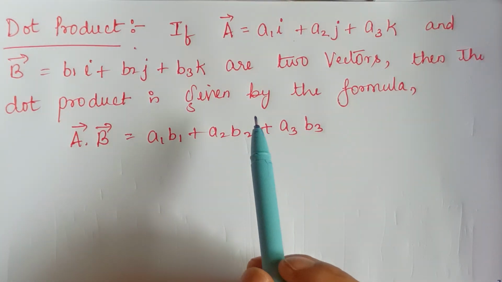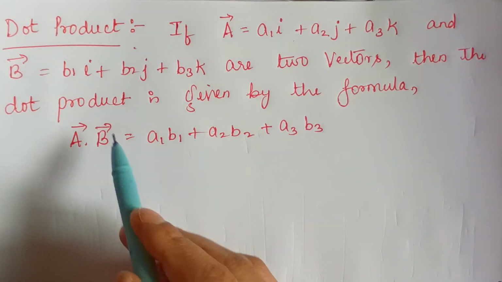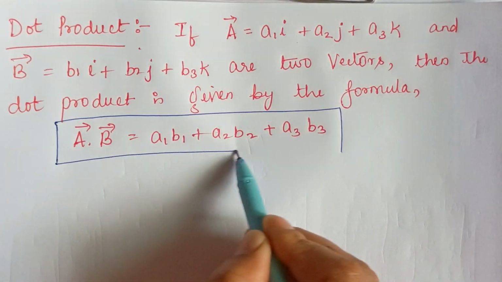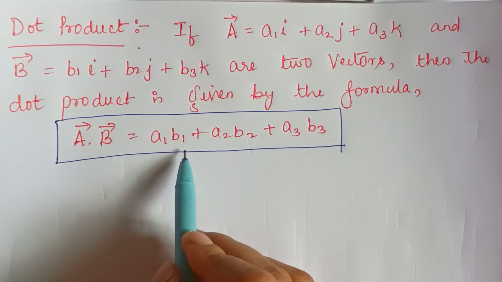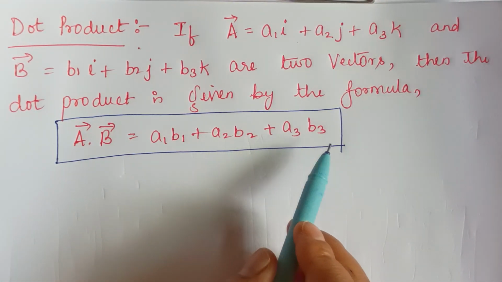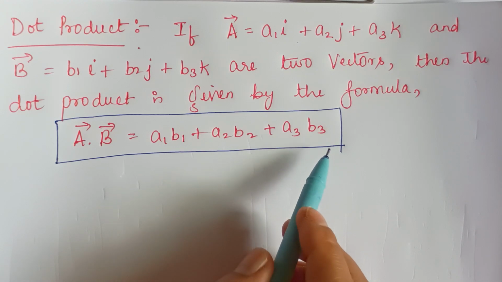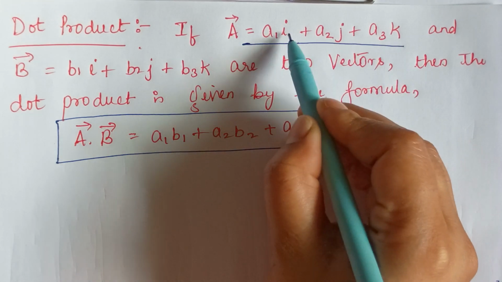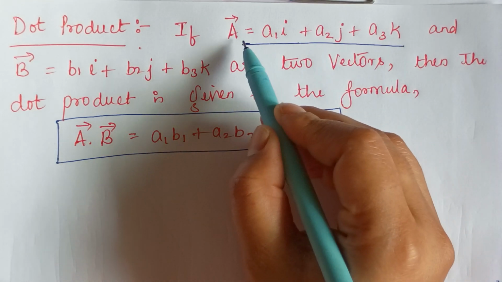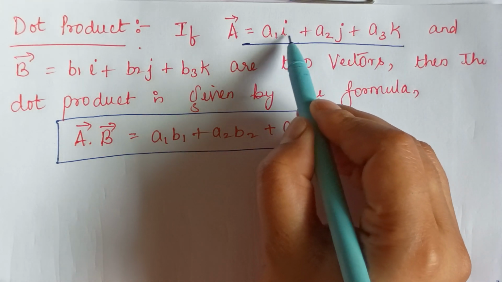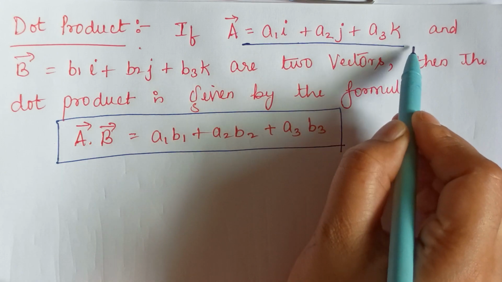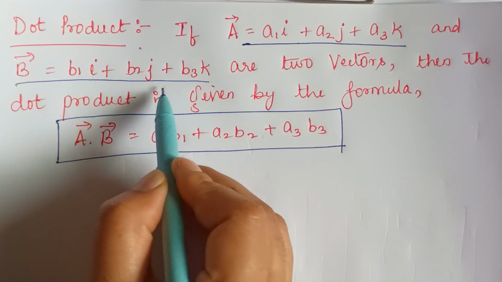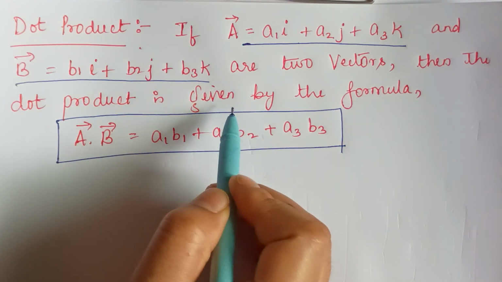The formula for the dot product is vector A dot vector B equals a1 b1 plus a2 b2 plus a3 b3, where vector A is a1i plus a2j plus a3k, and vector B is b1i plus b2j plus b3k.